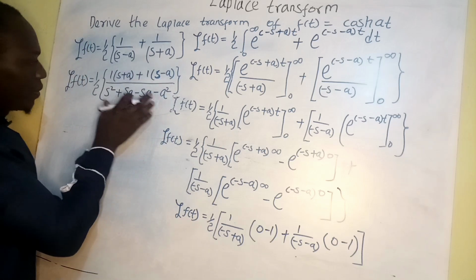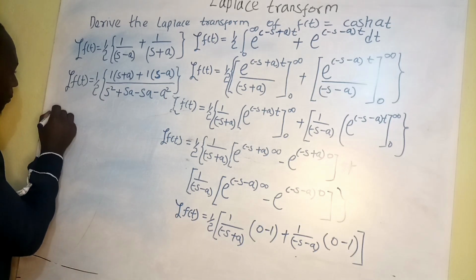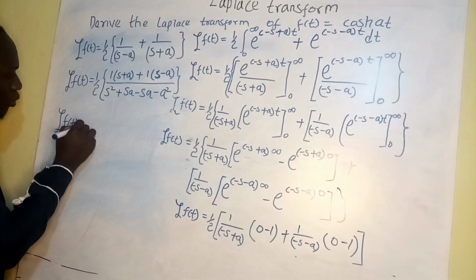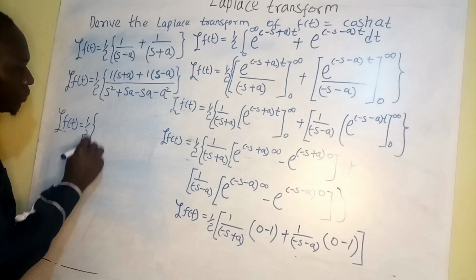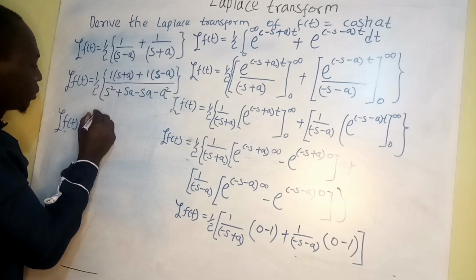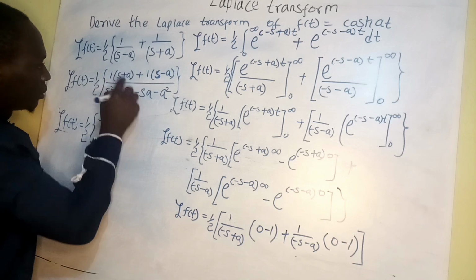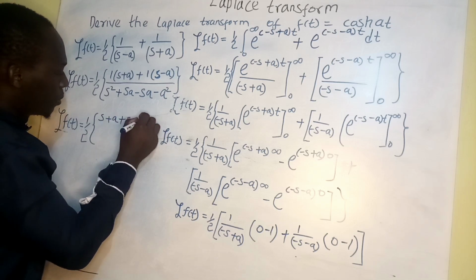Let us now simplify whatever we are having both on the numerator and on the denominator. The Laplace transform of our function f of t is going to be equals to a half into, here now on the numerator we are going to have s we add to a, we add to s we subtract from a.